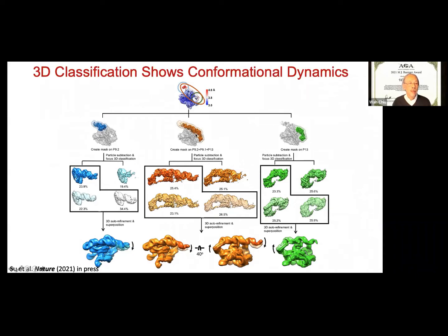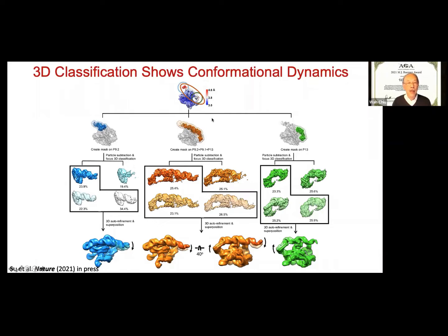Here is a way that in cryo-EM, using the method developed by Sjors at the MRC Cambridge, one is able to pick up certain regions and do extensive focused classification, such that we can see that different parts of this molecule can have multiple conformations, and they can have both rotation and translation flexibility, particularly in the perimeter regions of this piece of RNA.